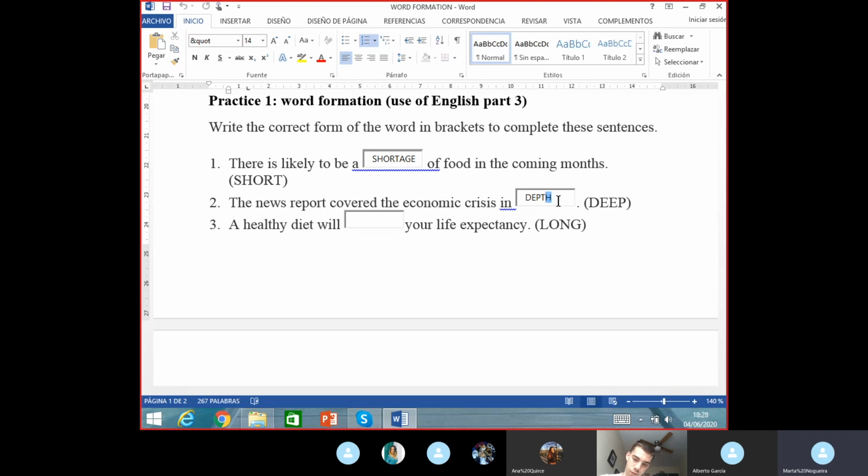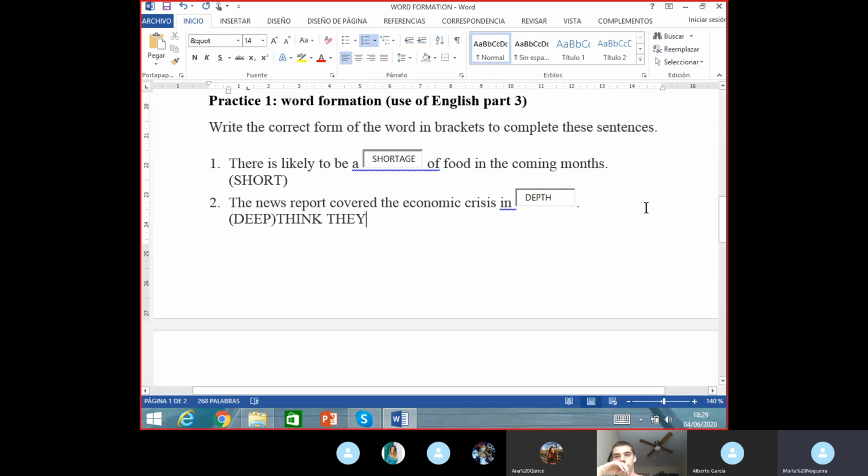This is like the same as when you pronounce this, think, okay? No siempre es, porque aquí es they, okay? But in here is depth.